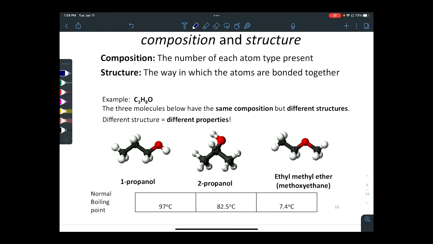So for example, personally, I have two brothers, right? Me, a girl, and then two guys. That's our composition: one girl, two guys. But then the question is, do I have two younger brothers? Am I the middle child? Or am I the oldest child?